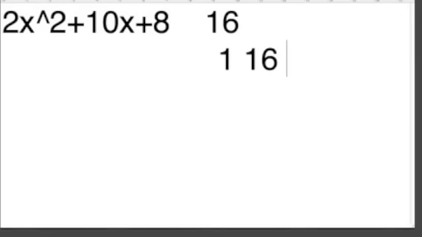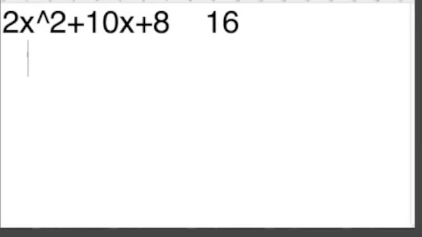There's 1 and 16. There's 2 and 8. And there's 4 and 4. Well, 2 and 8 added up equals 10, so let's do that. So now we know that we need to use a 2 and an 8.